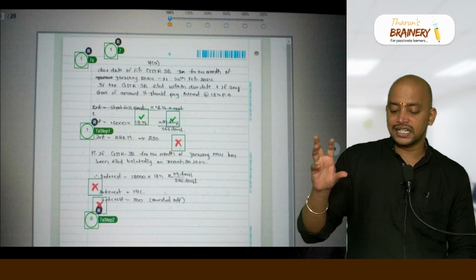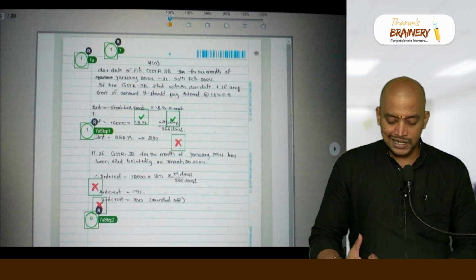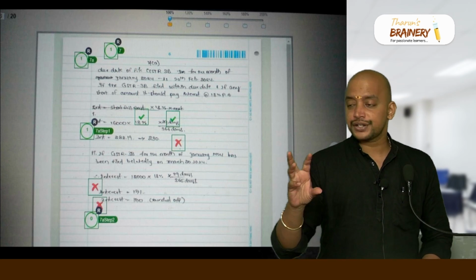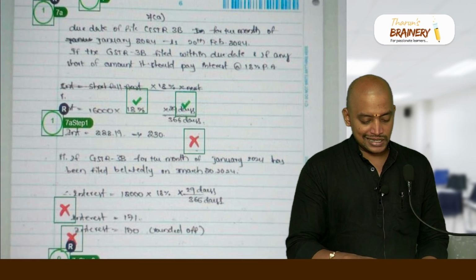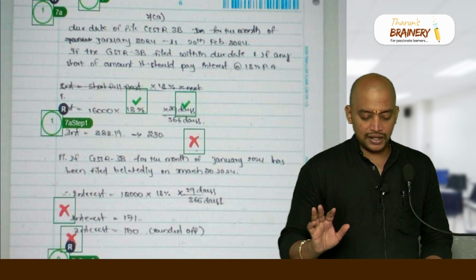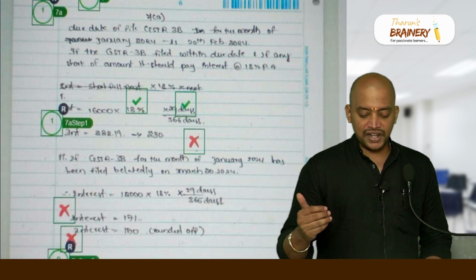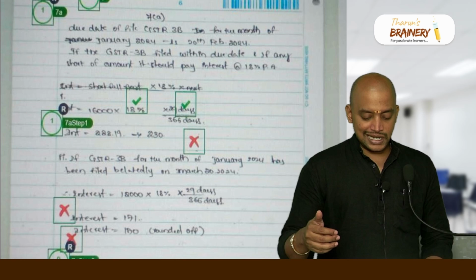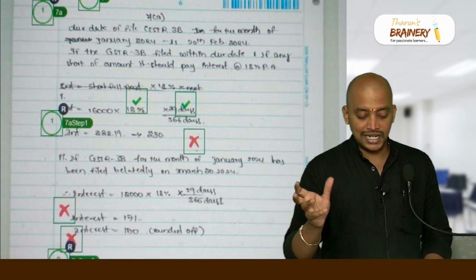7A, there was an intermediate question related to interest computation. The due date of filing GSTR 3B for January is 20th February. See the presentation, what he did.